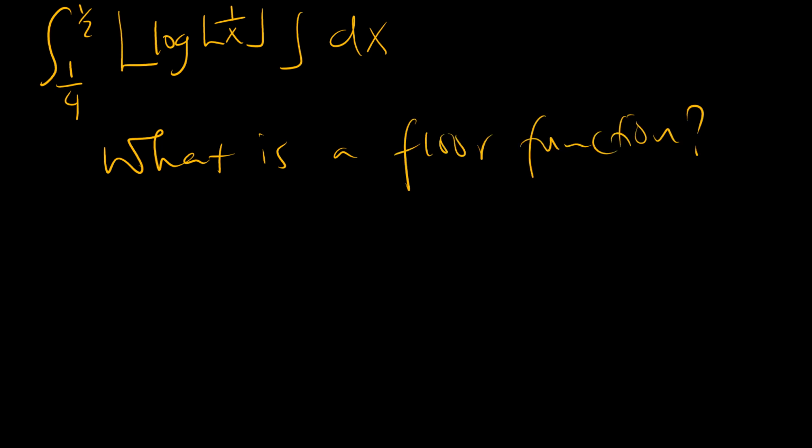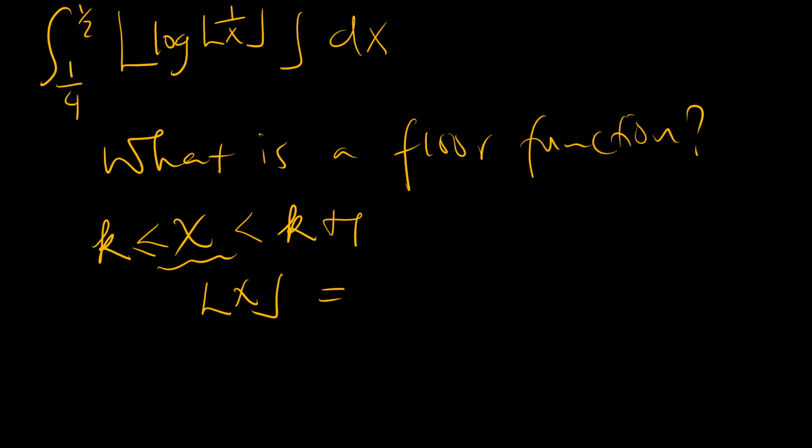If you have a variable x that is greater or equal than k and less than k plus 1, then it means that the floor function of that variable x in this interval is equal to k. So this is what it means, and that is the basis from which we are going to solve this problem.